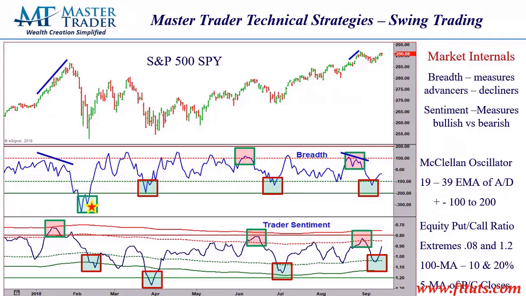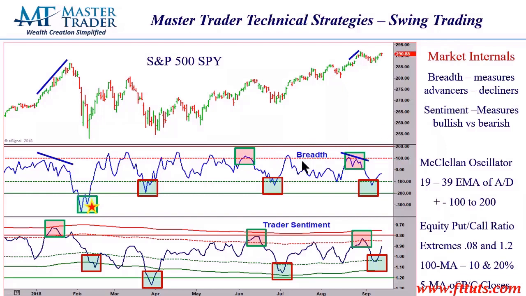What I have found is that the important points in time are when breadth and sentiment are in agreement. So what we're looking for is when the broader markets have reached an extreme move to the downside or the upside, and sentiment, which is based on the equity put-call ratio, is also at an extreme.